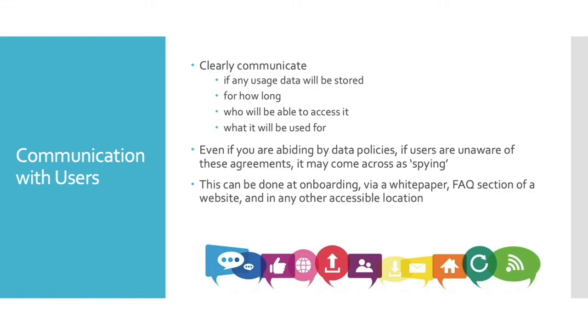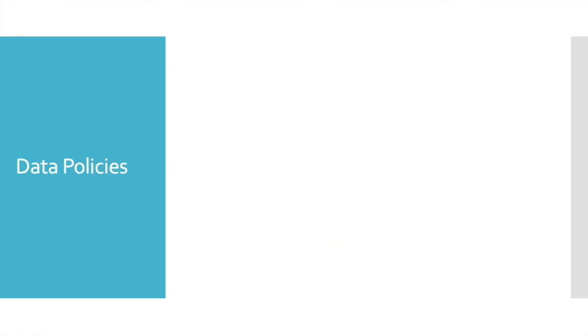And this communication can be done in a variety of ways. You can do it during onboarding when people first start using your application. You can also publish white papers on your data policies. And you can include in the FAQ sections of your websites what these policies are and advertise them anywhere else that is appropriate.